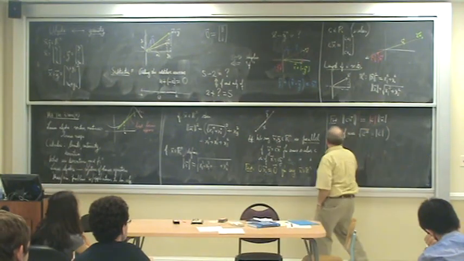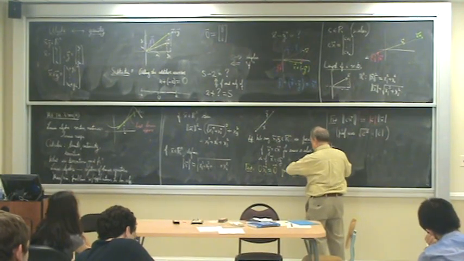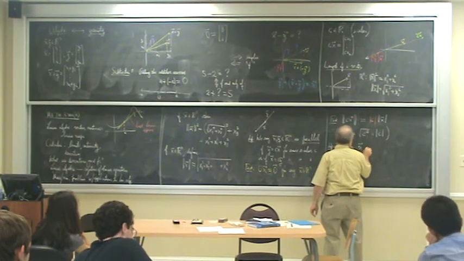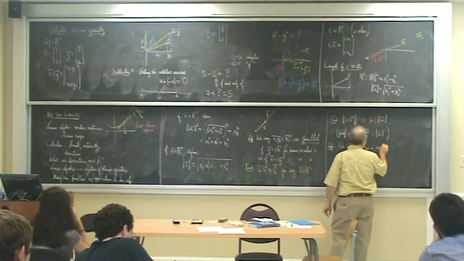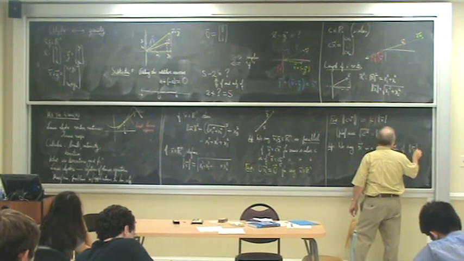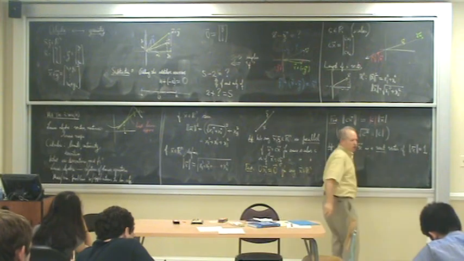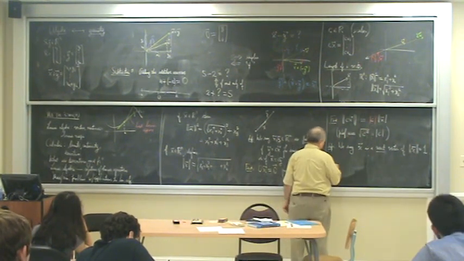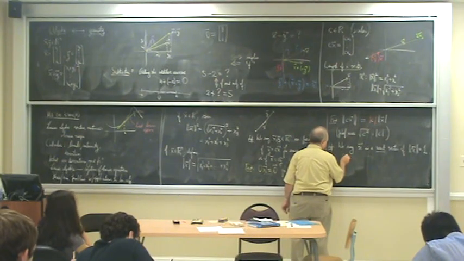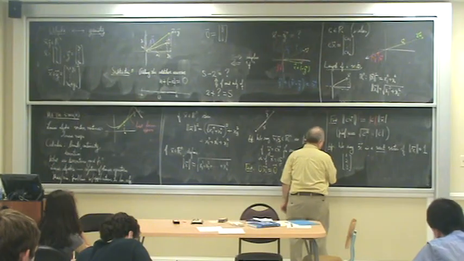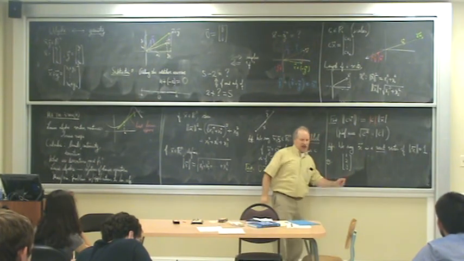Okay, so definition: we say x is a unit vector if it's got length 1. The magnitude of x is 1. And then if I took any vector, for example, the vector (1, 2, 3), what length does it have?